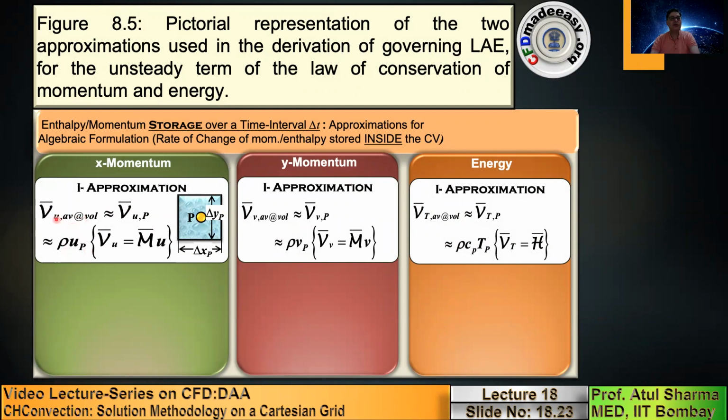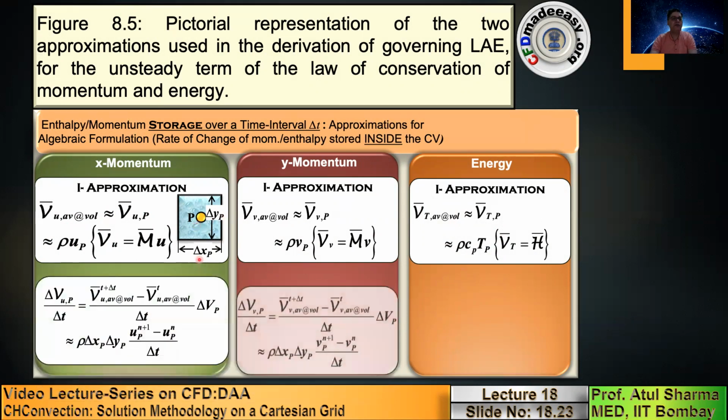In the first approximation, this is the x momentum per unit volume at this yellow circle. This is the y momentum per unit volume at this yellow circle. And this is the enthalpy per unit volume at the centroid of the control volume. You don't need a second approximation for the unsteady term.